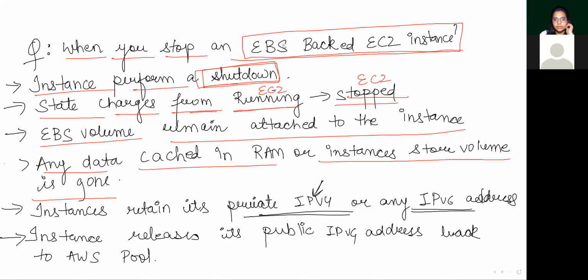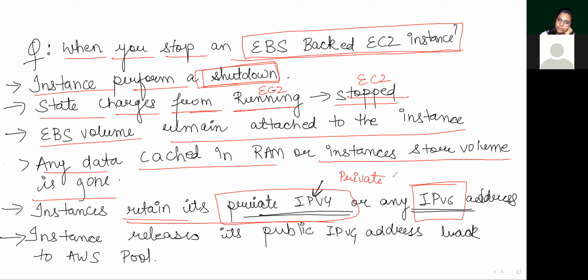This is your private key, private network. So whenever you want to connect, you can connect it. This is your private, you can say, right? But this is your public. Means as soon as your EC2 instance gets failed, the people of AWS say, okay, give my public address to me, I will assign it to another person.